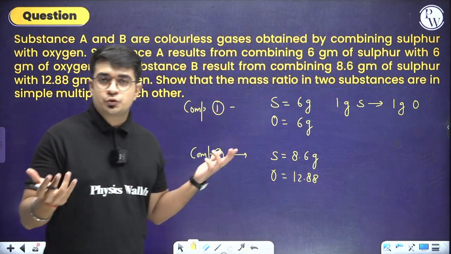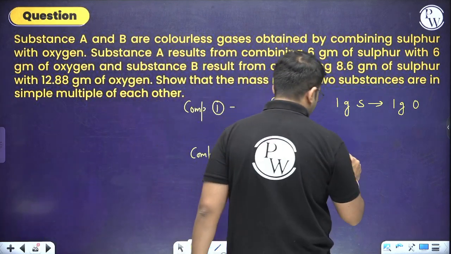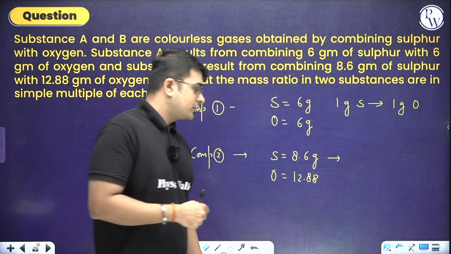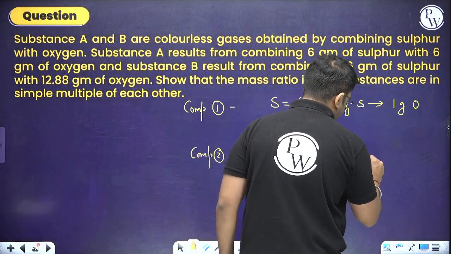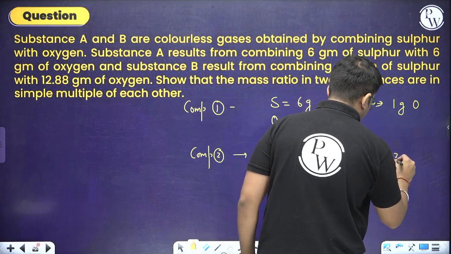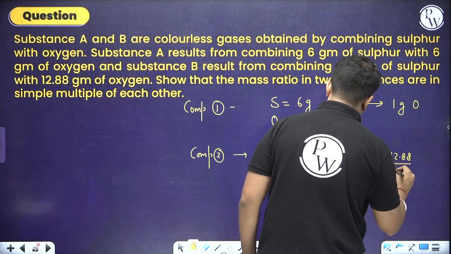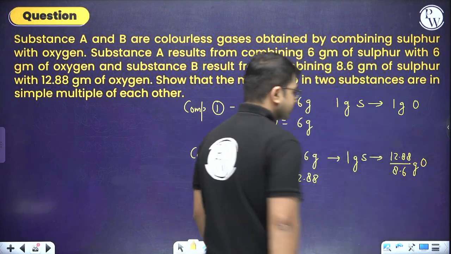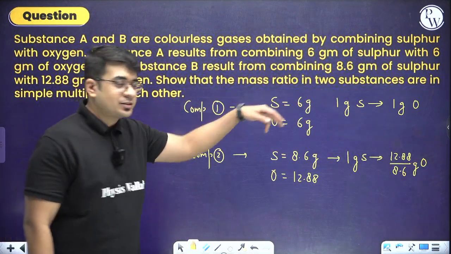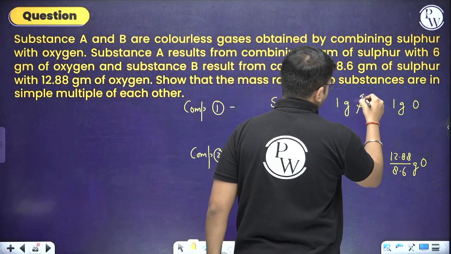In this case, 8.6 gram of sulfur is combining with 12.88 gram. So 1 gram of sulfur will be combining with 12.88 divided by 8.6 gram of oxygen. Now you see that 1 gram sulfur, so I am fixing this sulfur.